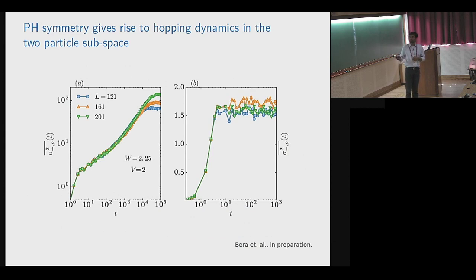What you see is that in this two-particle subspace, we have growth in the center of mass, whereas there is no growth in the distance between the particles. Another way of saying this is that we have a hopping mechanism, which is bound-state hopping in this model, which is favorable because there is a large density of states of particles. And through this bound-state hopping, there is some kind of transport or entanglement growth that we see in the MBL context.